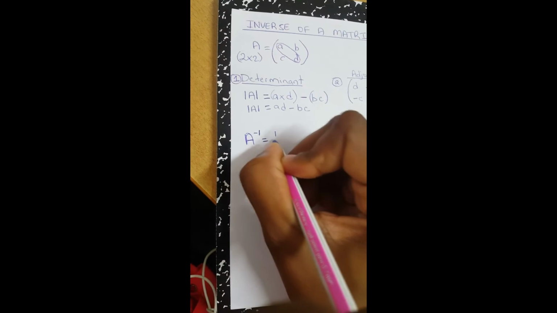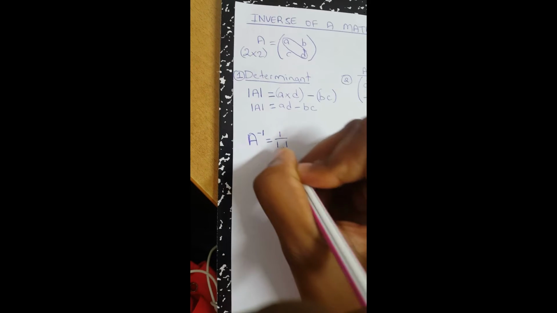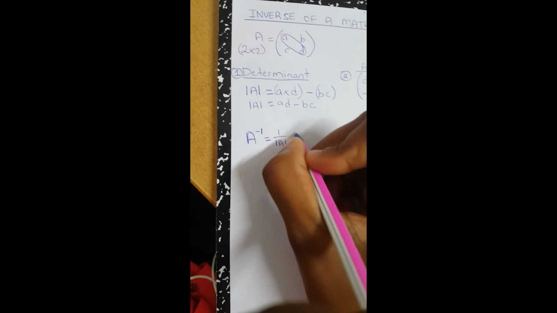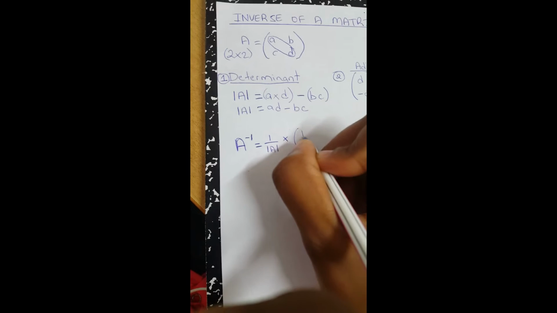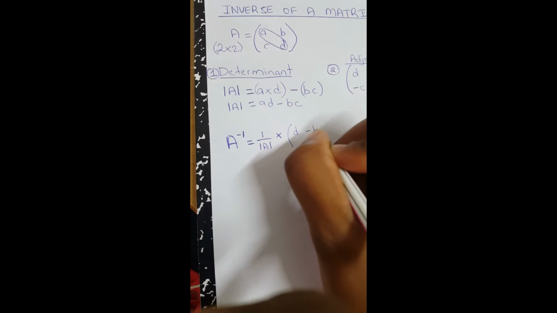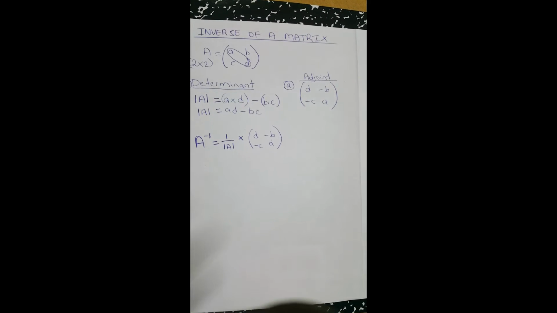The inverse is 1 over your determinant, multiplied by your adjoint. As I said, we're going to use both of them, and we're going to try an example. This is what you do to get your inverse. That is the basic idea behind it.